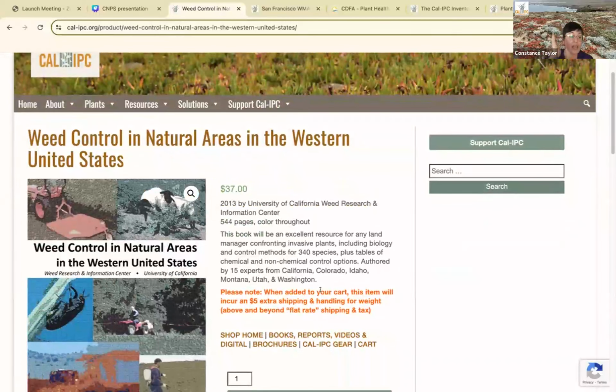The information in this book is actually on the website for each of the individual plants in the plant inventory. I'll show you where that is in a moment, but it is embedded in the website for the plants on the inventory. So it's there if you want it, but if you are a type of person who wants a physical book, it is also available through the website as well.